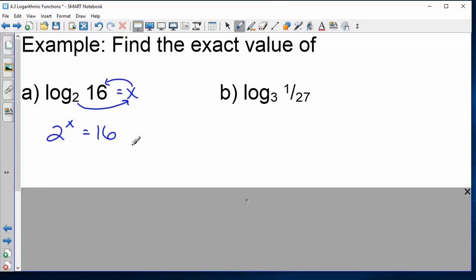We would get a common base. 16 is 2 to the 4th, and you get 4. So you can either turn it into an equation, or you might be able to just look at it and tell your answer. Does anybody know what the answer to B will be? -3. If you can't tell, set it equal to x.